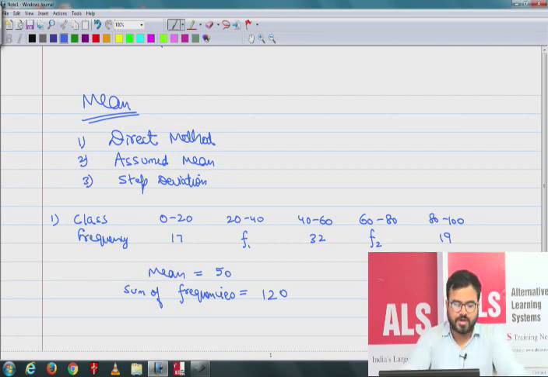These two values are already given. So using these two conditions, the mean and the sum of frequencies, we have to find the two unknown values, F1 and F2.